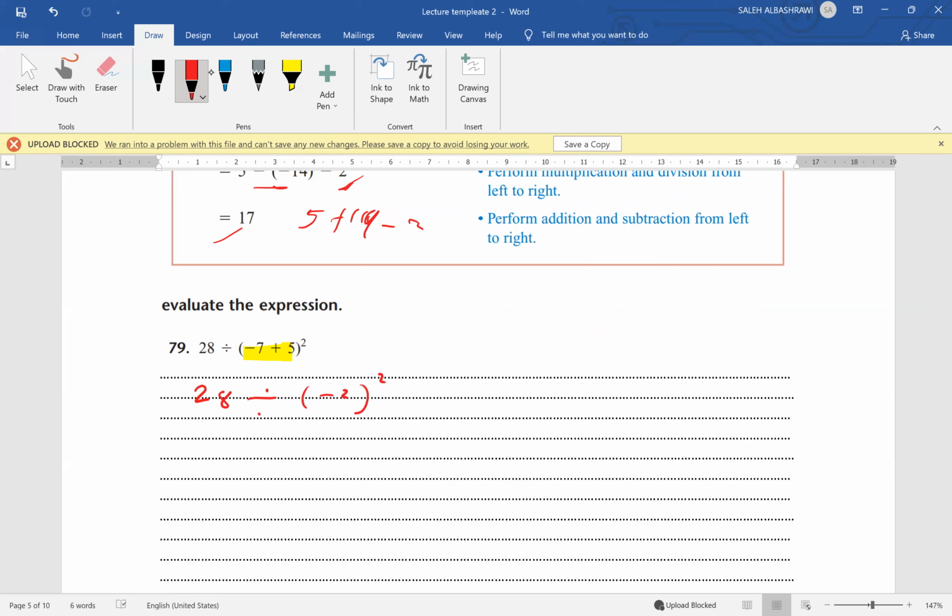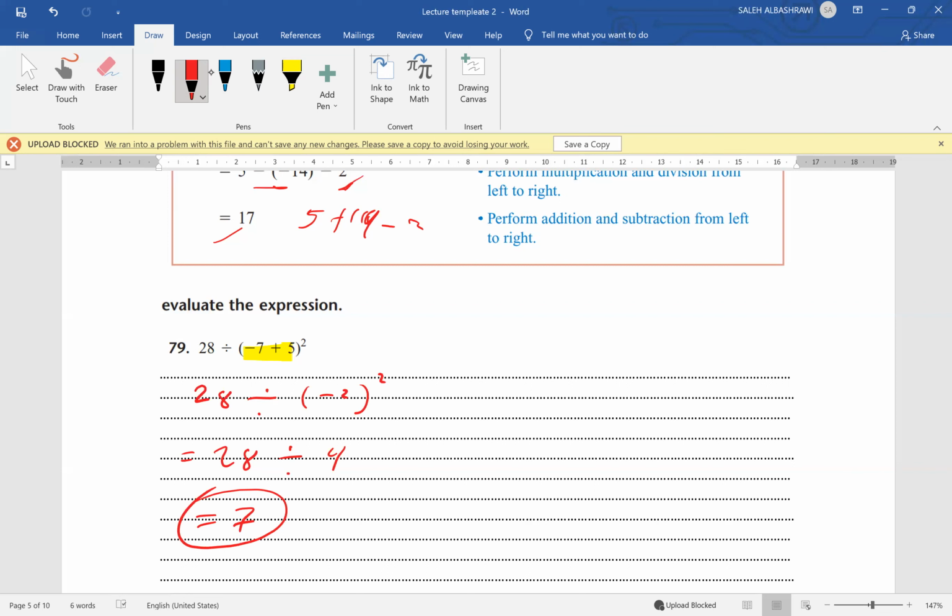Now I have division and power. So let's simplify the power. This will be 28 divided by minus 2 to the power 2, which is equal to 4. So 28 divided by 4 equal to 7. So the value of this expression is equal to 7.